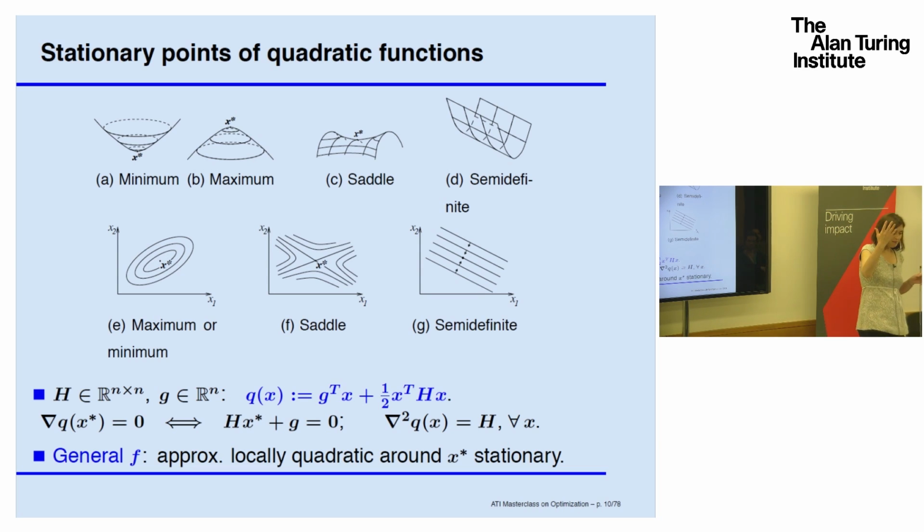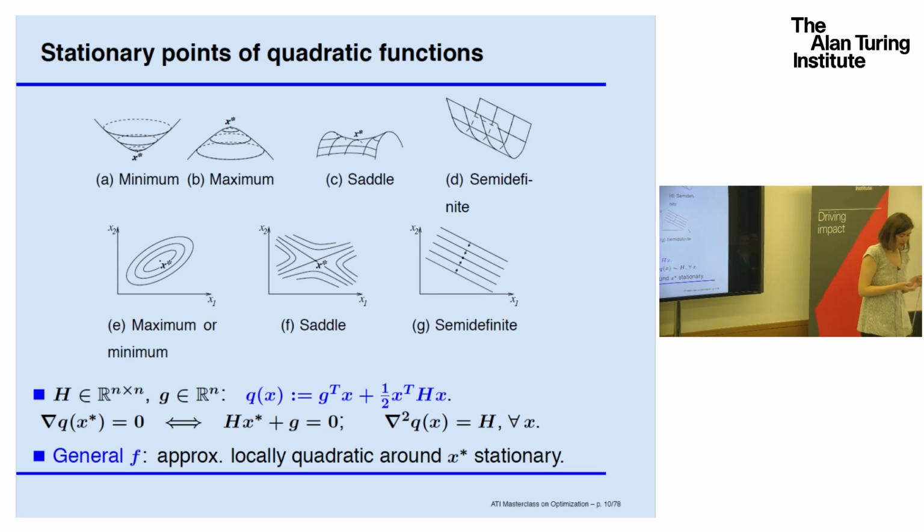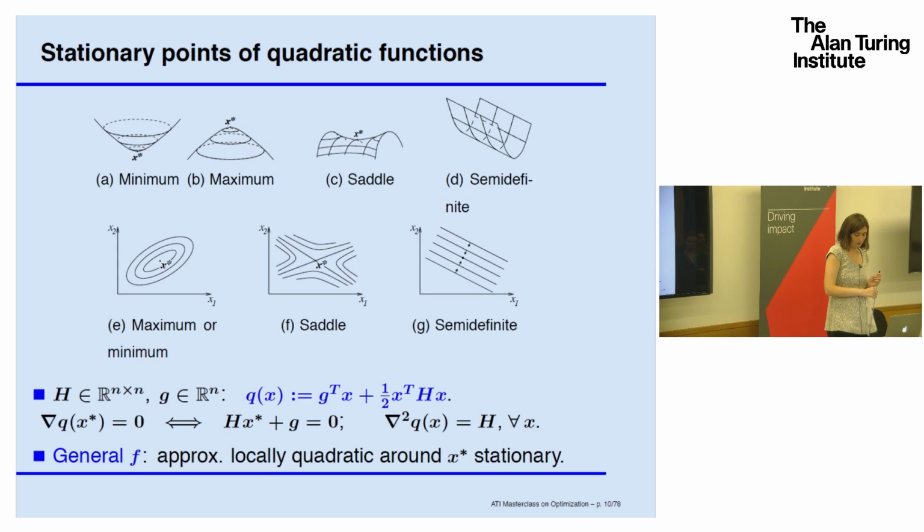So maybe keep in mind some of these simple illustrations: this is your 2D convex landscape, concave landscape, saddle. And why do we care about these characterizations? Because any nonlinear function you approximate by something simpler, as we'll show in a moment. For example, you can think of any nonlinear function approximately locally looking like one of these quadratics.